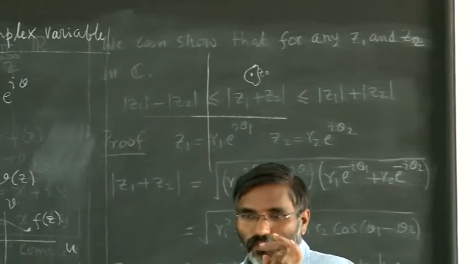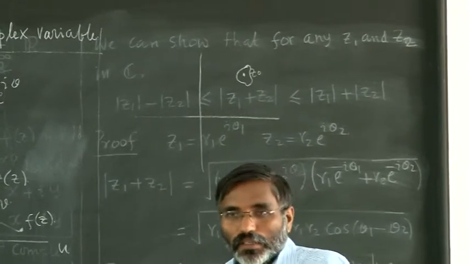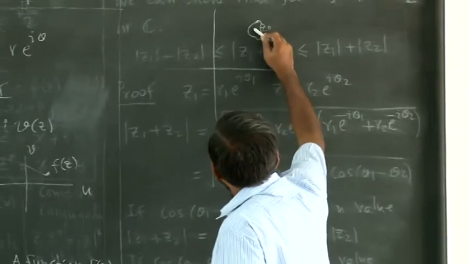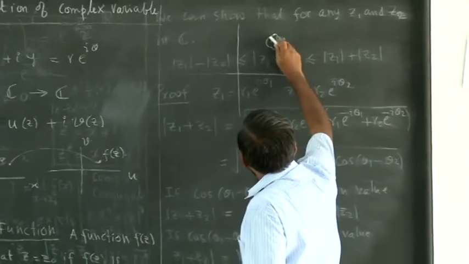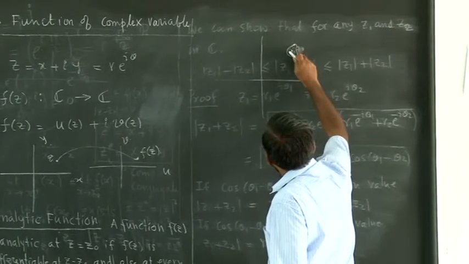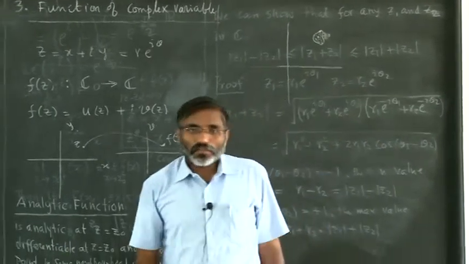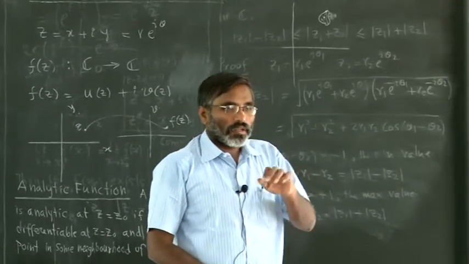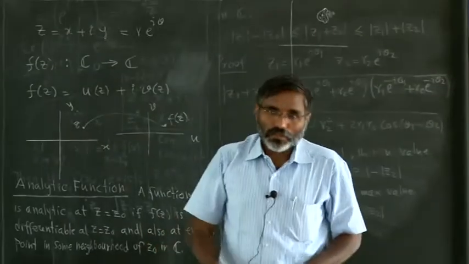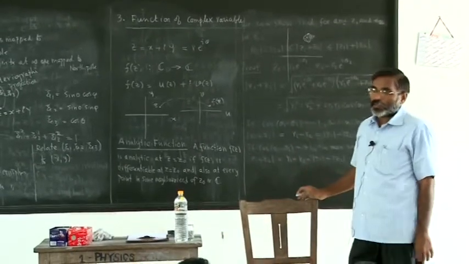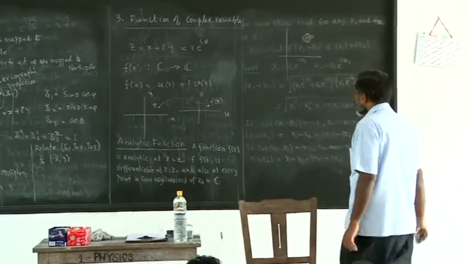This region can be very small, but there should be some region in which f of z is differentiable, not only at this point but also at every point inside that region. So it is required that there should be a neighborhood in which this function is differentiable at all points.